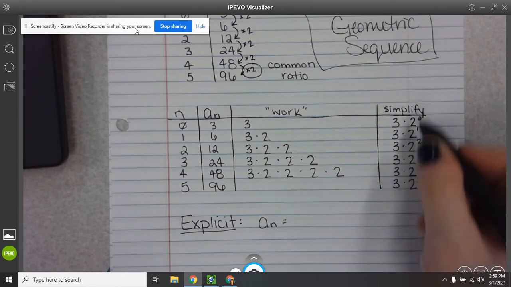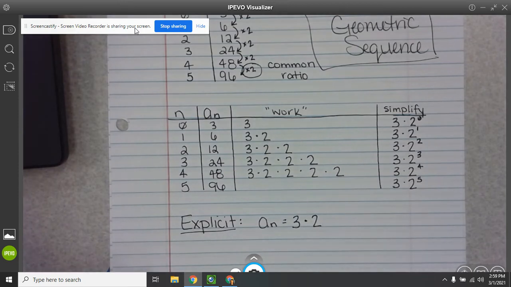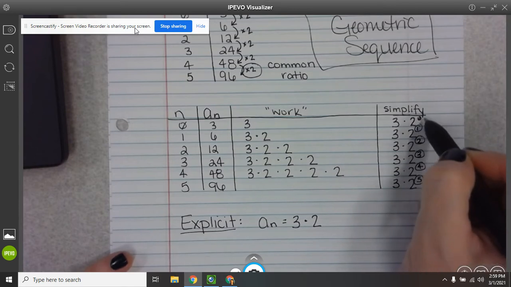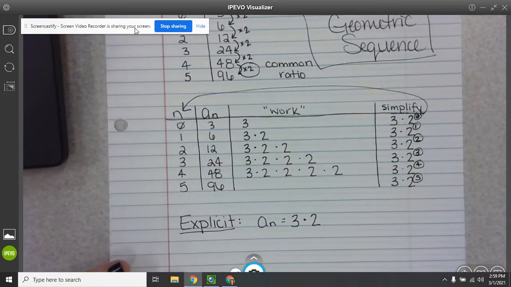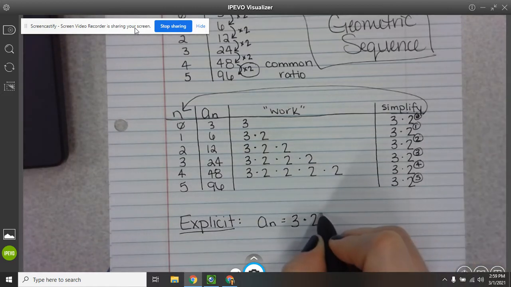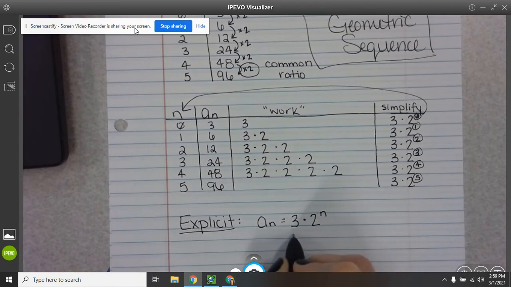So one thing I notice is every single time I'm dealing with 3, another thing I notice is I'm doing times 2. But what I need to figure out is how these changing exponents relate back to where I was at the beginning with n. And each of these exponents are identical, so my exponent is just n. So this is my initial value.